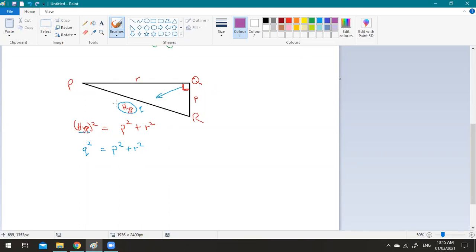We're not dealing with gradient. This side here is from P to R. So we could call it PR.